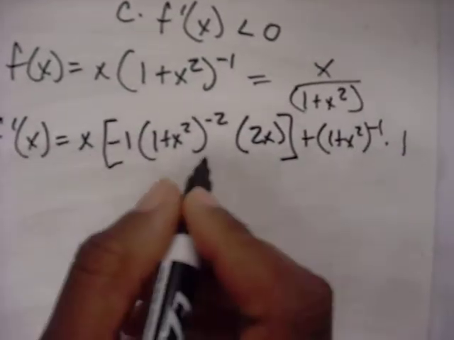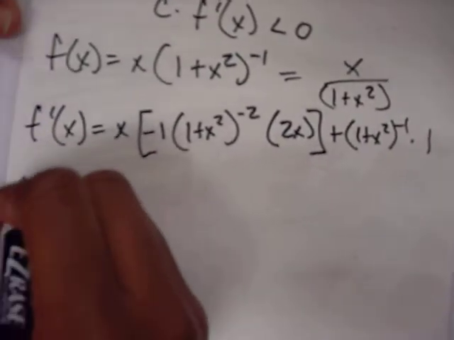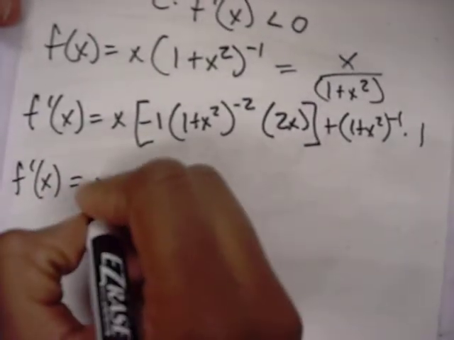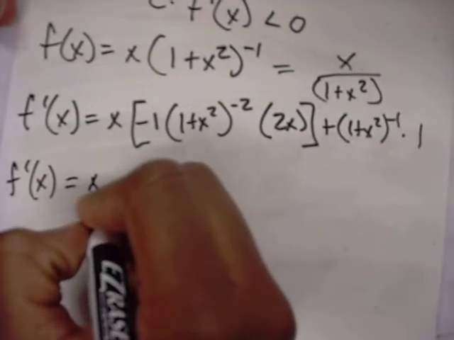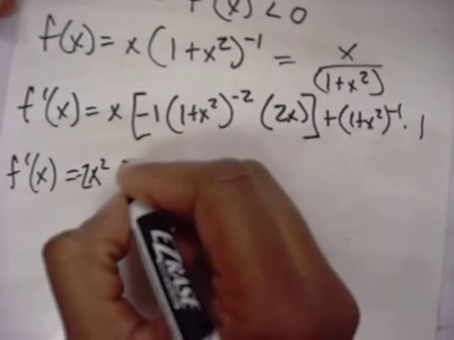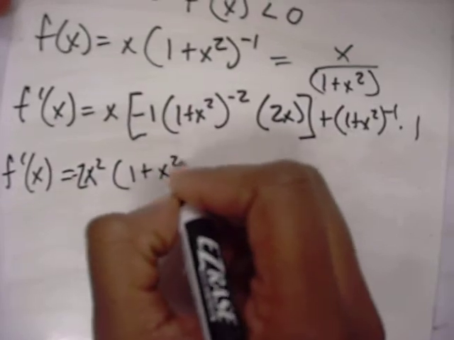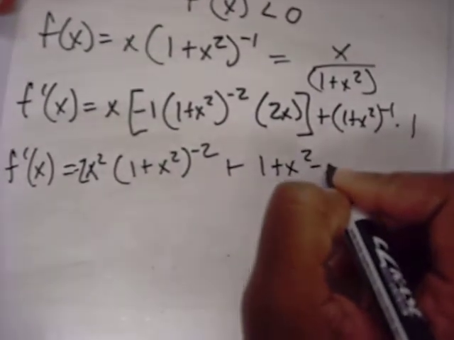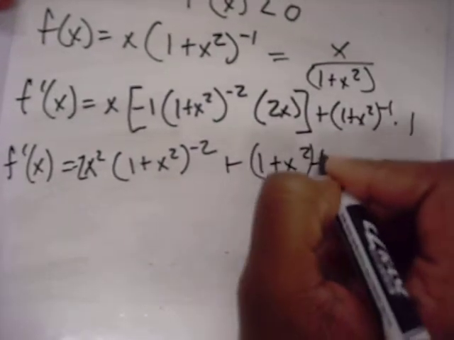Okay. So basically you can set this equal to 0, equals x times negative 2x times 1 plus x squared to the negative 2, plus 1 plus x squared to the negative 1.